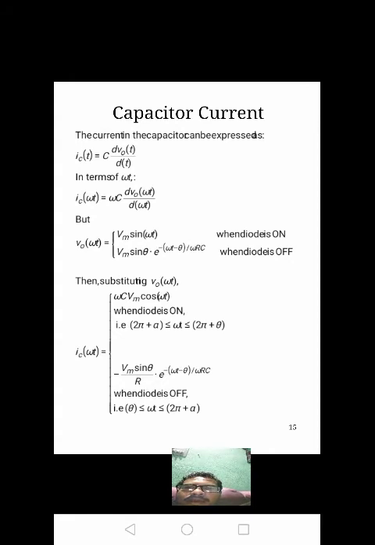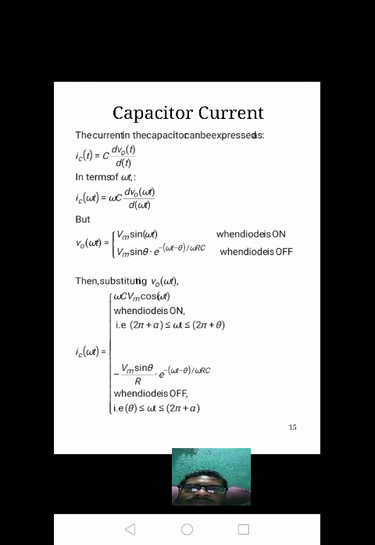But V0 of omega t is equal to Vm sin omega t when the diode is on, and Vm sin theta into e to the power minus (omega t minus theta) by omega RC when the diode is off.